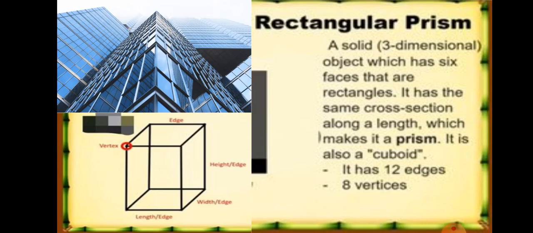It is also called a cuboid. A rectangular prism has 12 edges and 8 vertices, the same number of faces, edges, and vertices as a cube. As the name suggests, the faces of a rectangular prism can be shaped like rectangles. Some rectangular prisms have faces that are shaped like rectangles and squares.